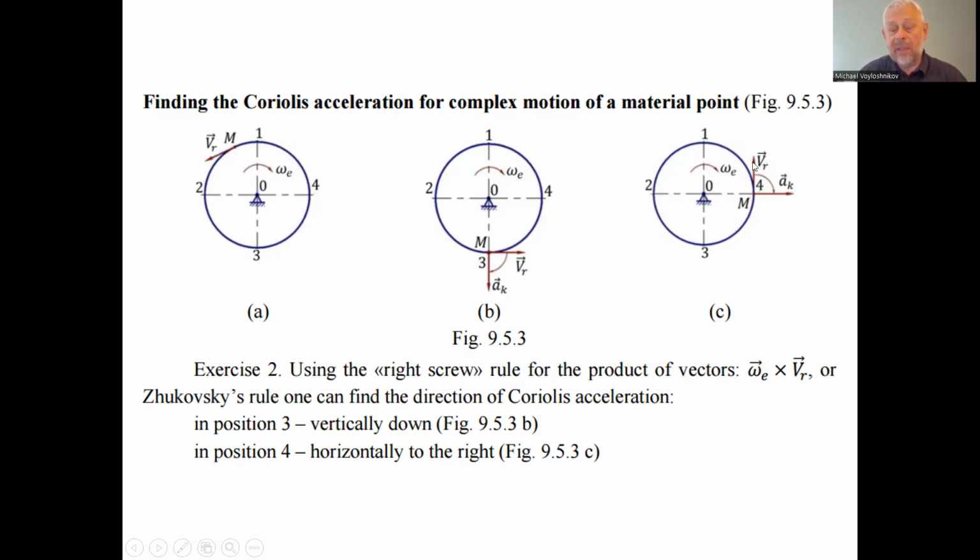So the magnitude of the projection of the translational velocity of the point M on the plane perpendicular to the direction of the transfer angular velocity is the same as the relative velocity of the point in the moving coordinate system. So we do not need to do anything with this vector, just rotate it in the direction of the rotation of this wheel by a 90-degree angle.